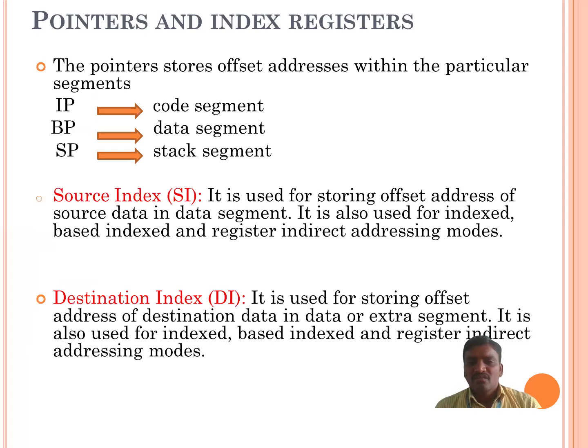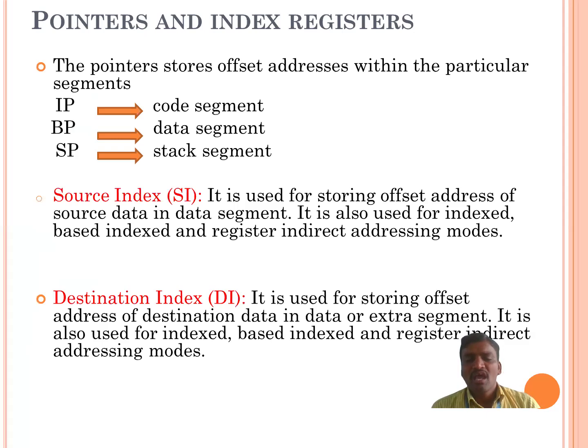The base address will be stored in the data segment register only, and the offset address will be stored in the index register. Which index register are we using to point out the memory location in case of data segment memory? Here we are using the source index register.